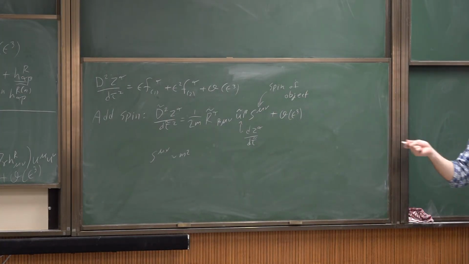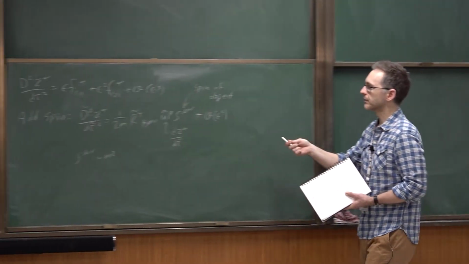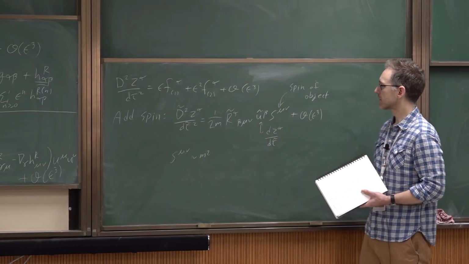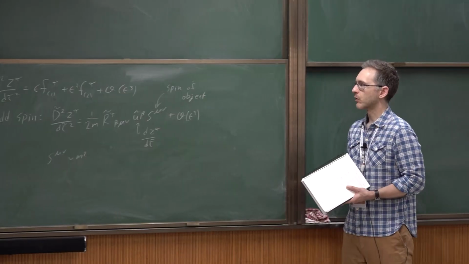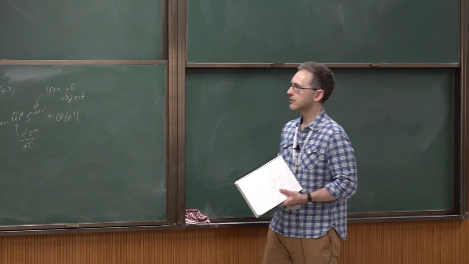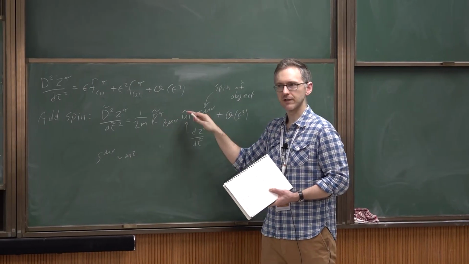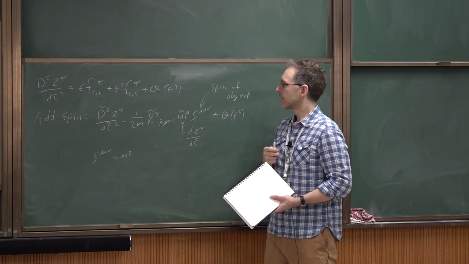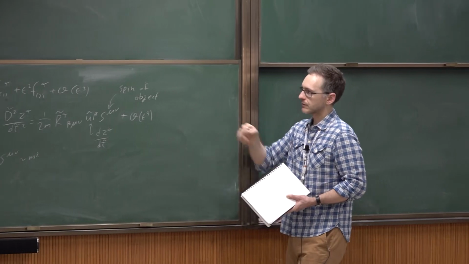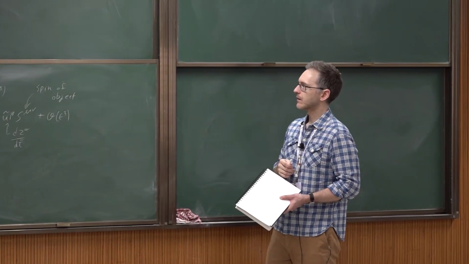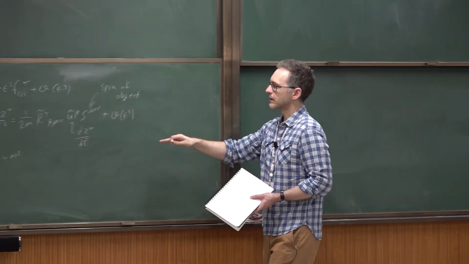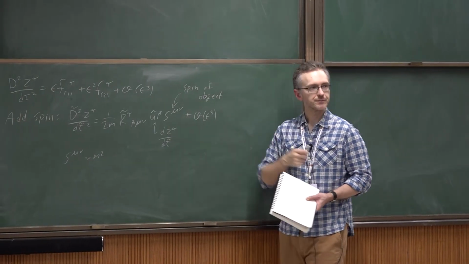So the spin force is known as the Mathisson-Papapetrou-Dixon spin force. This has been known actually since the 1930s, without the tildes, so for a test particle. This comes in at the same order as first order self force.